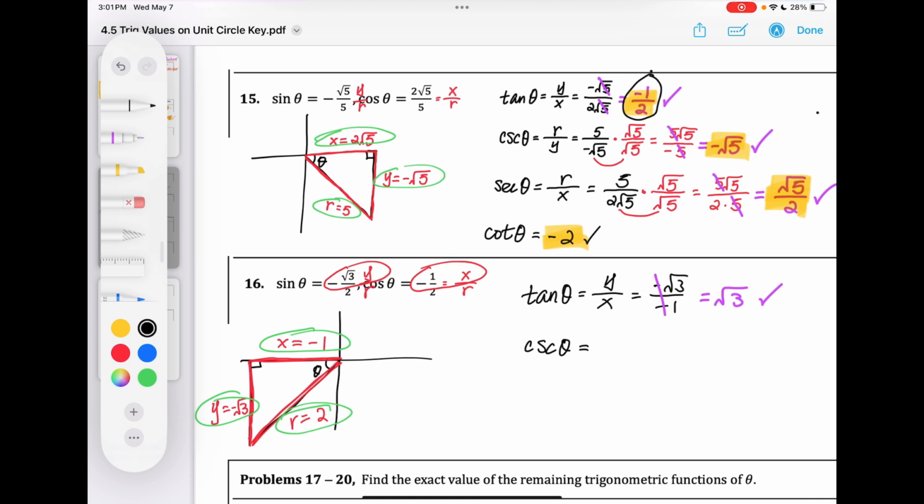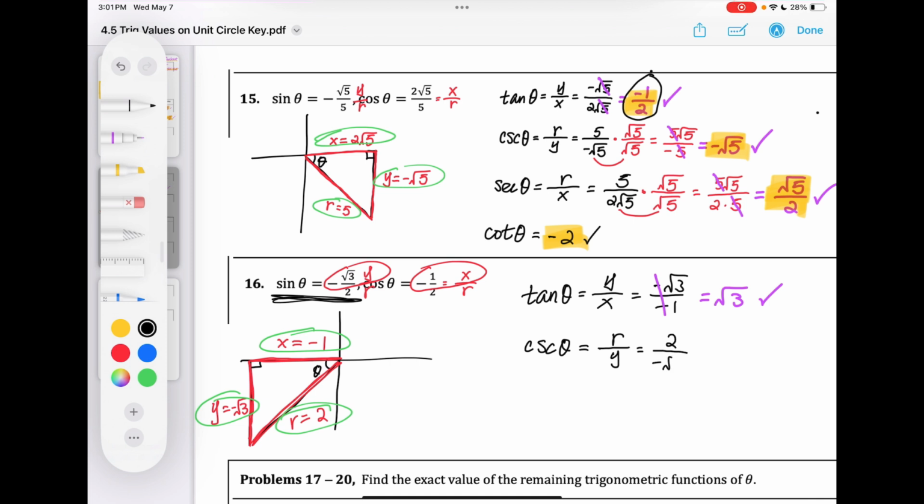What will be my cosecant? Now again, if you say that cosecant is the reciprocal of sine, therefore I can simply flip it. Yes, you can do that. Or you can just say that cosecant is equal to r over y. So what you see is what you got.